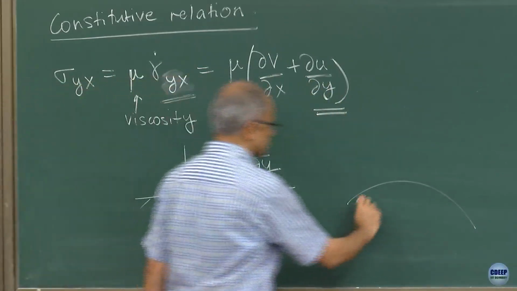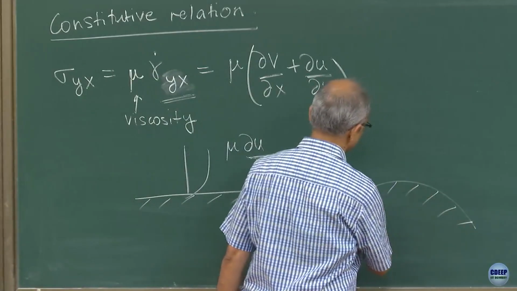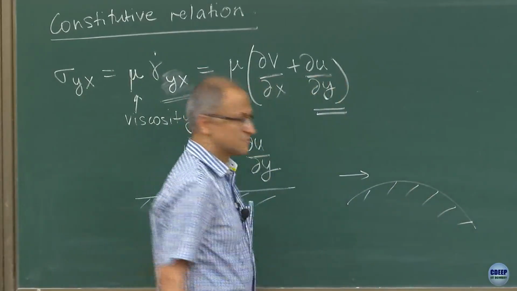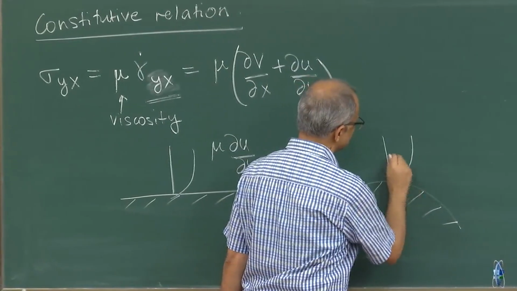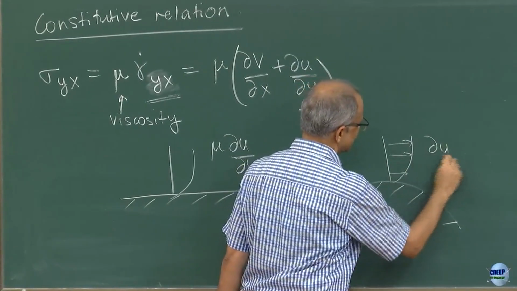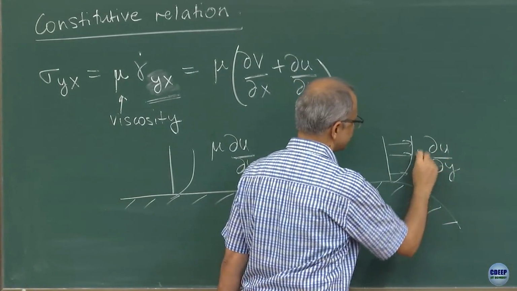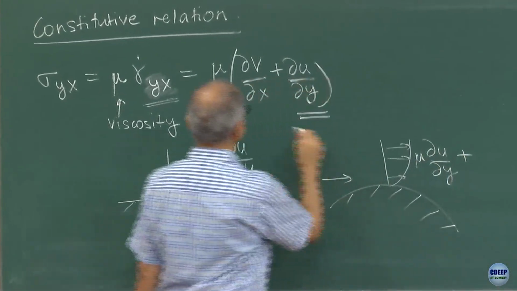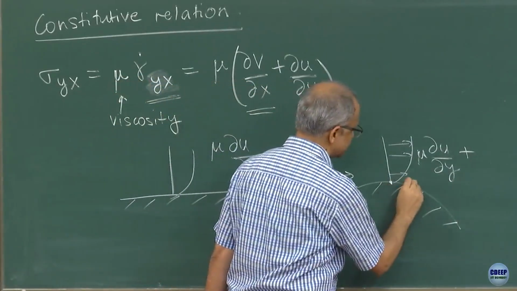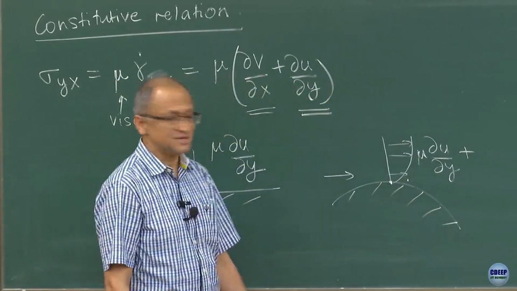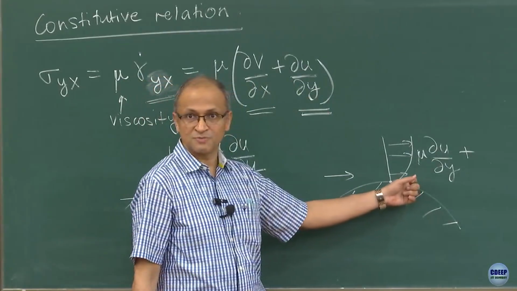Let us say that the flow is happening on top of this surface. In this case, you can see that there is a dou u dou y with the mu term. What about dou v dou x? For that, you'll have to look at this point and this point. Is there a change in the v component of velocity between these two points?